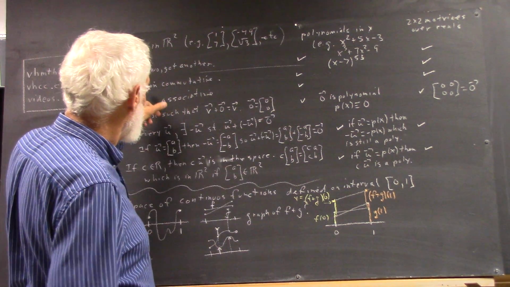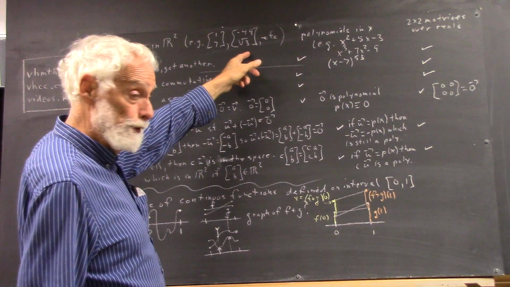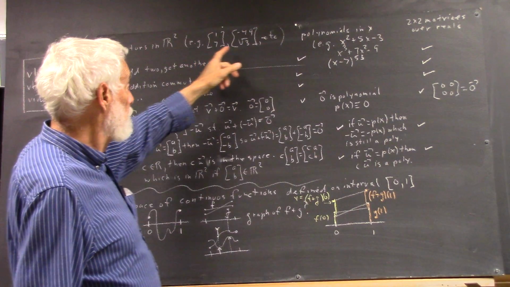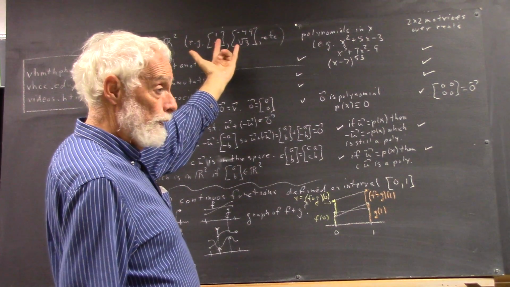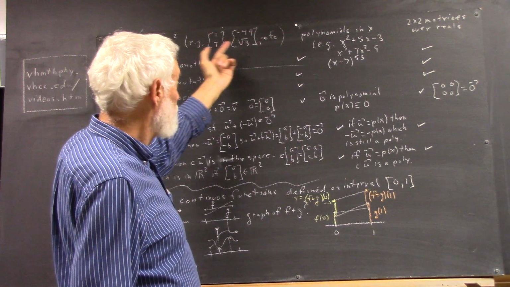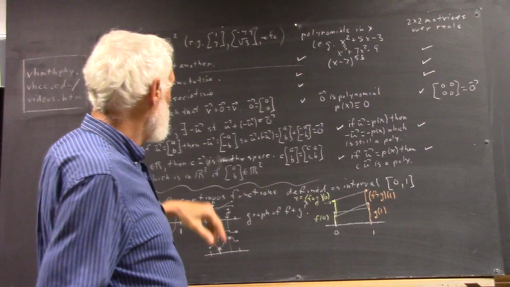Now, is addition commutative? That means addition of these things. Meaning, if I add this one to this one, am I sure that I would get the same thing if I reversed the addition and did this one plus this one? Okay? And I kind of said that wrong, but you get the idea.